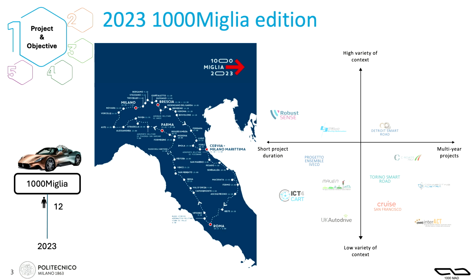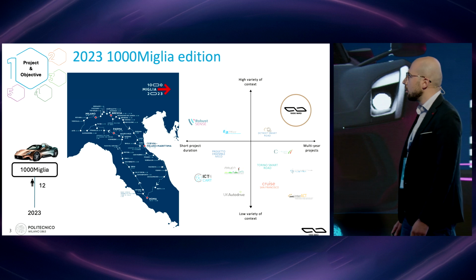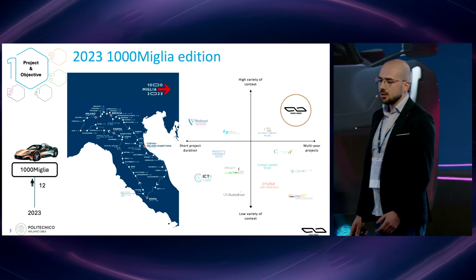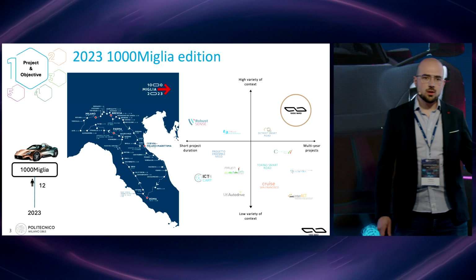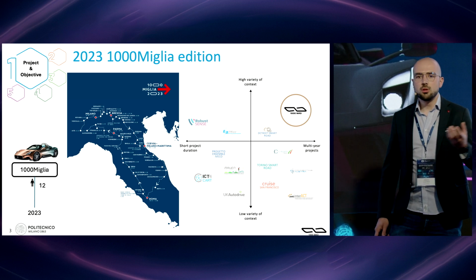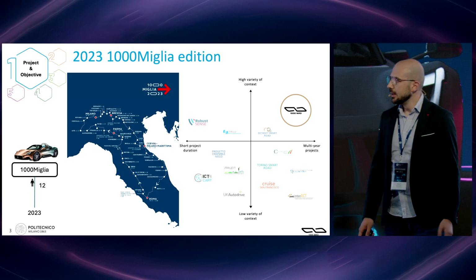Starting from Brescia, we did the round trip going through Rome, and this long journey allows us to place our experimentation in the top right corner of this chart, which says that we want to make a self-driving vehicle that is truly multimodal and goes around a different variety of contexts.